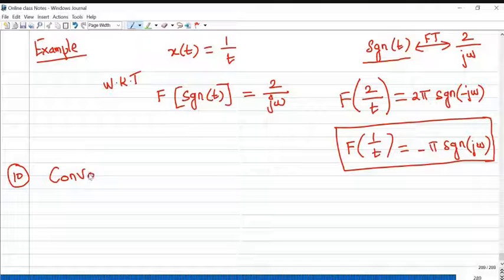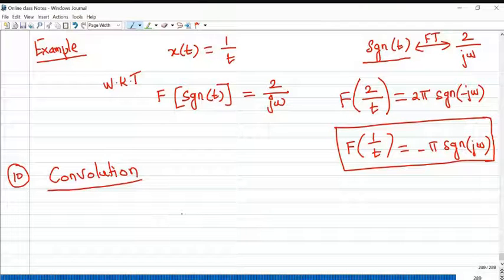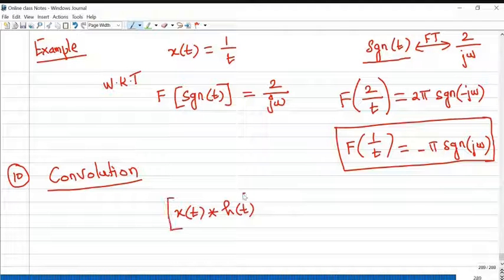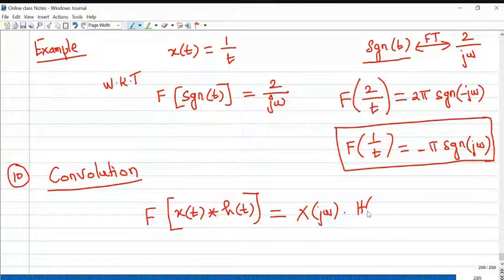Next, property number 10: the convolution property. It's a very important property. What does the convolution property say? The Fourier transform of the convolution between signals x of t and h of t in the time domain is equal to the multiplication of their individual transformations. You can consider any signals, x1 of t convolution x2 of t convolution x3 of t.